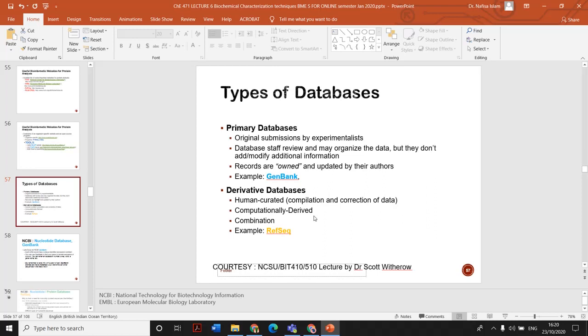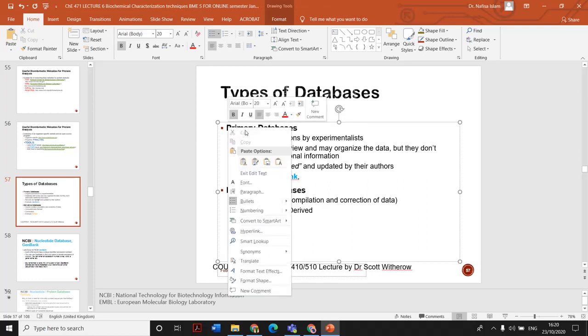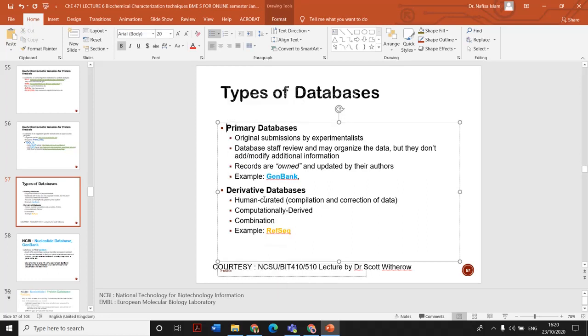Before going into the detailed examples, we are going to look at what type of databases you can have. There are two types basically, primary databases and derivative databases. Primary databases are basically original submissions. So anybody can actually make a primary database.